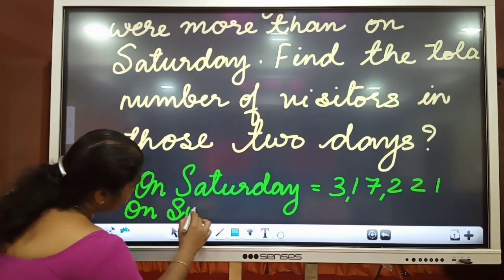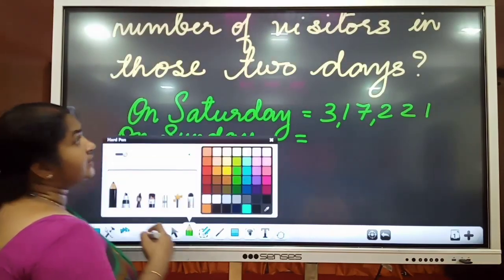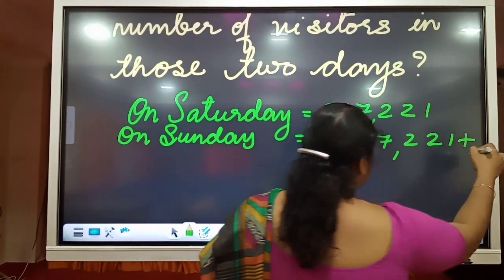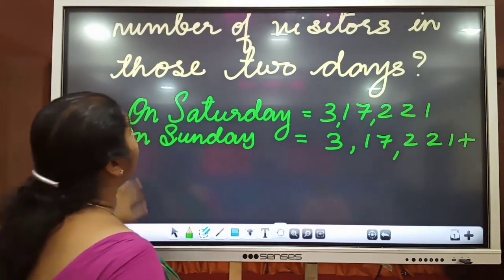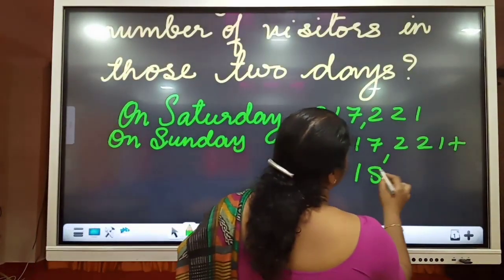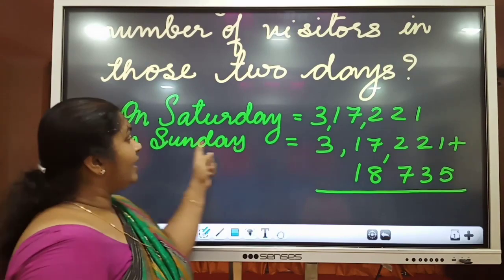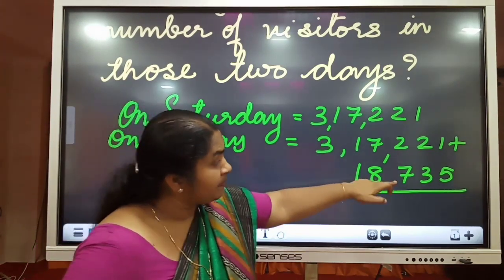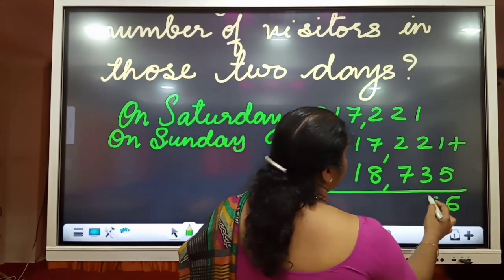And on Sunday, how many were there? It is given directly that it was 3,17,221 plus more than Saturday. More means we should add. How many were more? 18,735. 18,735 more people than Saturday. So how many people would have come on Sunday? We should add these 2. If we add the number of people who came on Saturday and the number said to be more, what will we get? Sunday's number. So how many will it be?